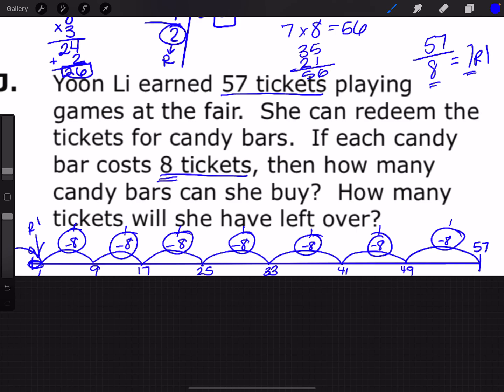That's 56. So 7 times 8 is 56. And then we add that remainder is 57. And is the 57 our dividend? It is. So we know that our answer is correct. So she can buy 7 candy bars with 1 ticket left over.